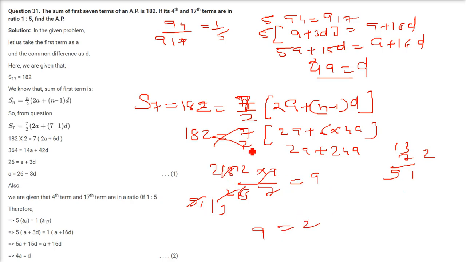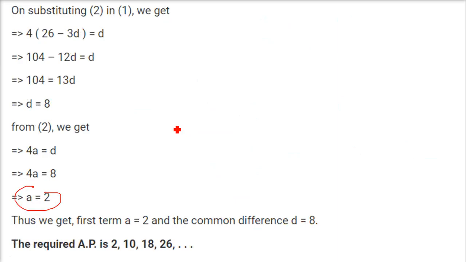So a you get is 2. Now a is 2. What will be d? d will be 4 into 2, so d will be 8. a is known and d is known, so you can easily find the AP. The first term is 2, add 8, 10, add 8, like this.